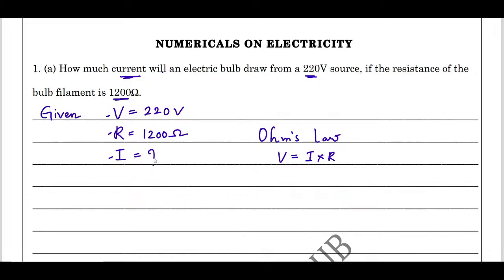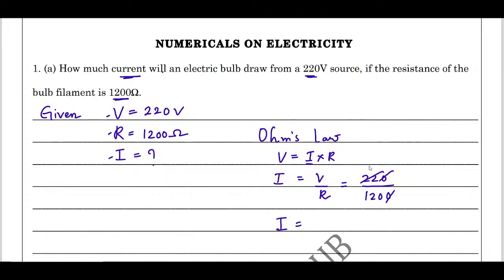So now what we need to find out? I. So keep I and cross multiply R. So I equals V divided by R. Voltage is 220. Resistance is 1200. Now I equals 220 by 1200, and 0 and 0 will cancel out. What we get is 22 divided by 120.